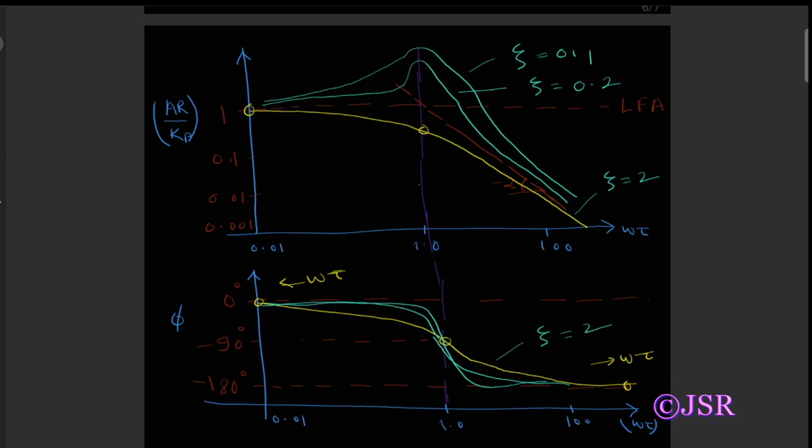So for the underdamped system, we will have amplitude ratio greater than 1 in the gain plot, and in the phase plot we will have a much steeper plot. So that's all for today. Thank you.